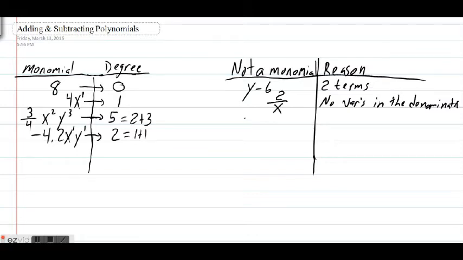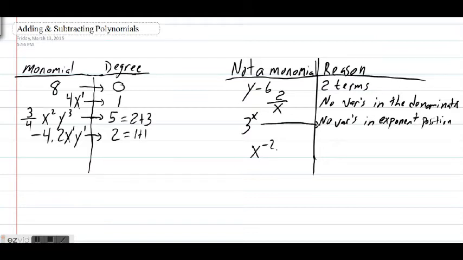No variables in the denominator. 3 to the x is not a monomial either because no variables in the exponent's position. Alright, so no variables in the exponent position.